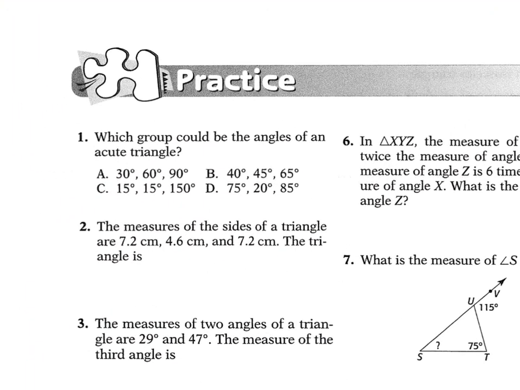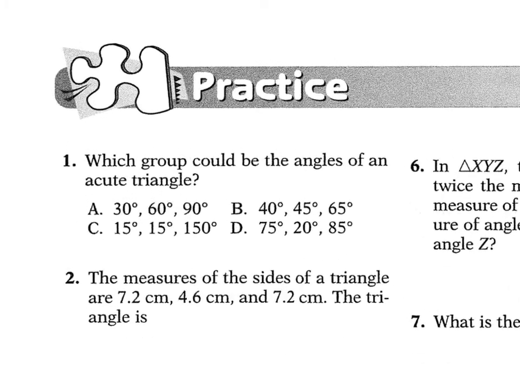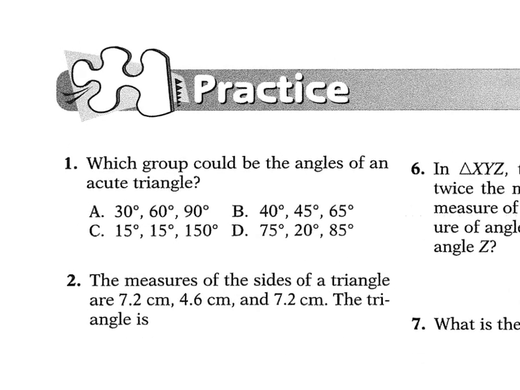For our next page, for number 1, it asks which group could be the angles of an acute triangle. So for A, the 30 and the 60 and the 90 degree angle do not make an acute triangle. However, you're looking for two angles whose sum is less than the third.